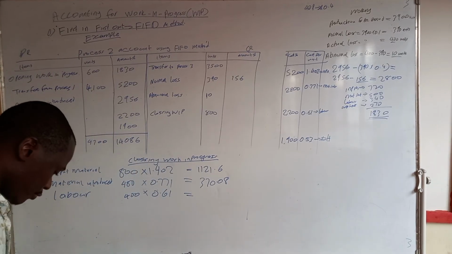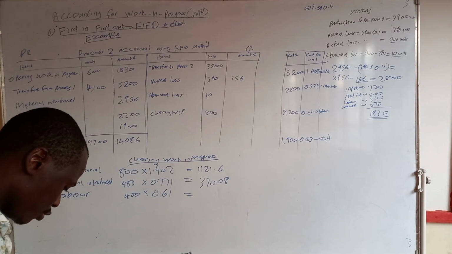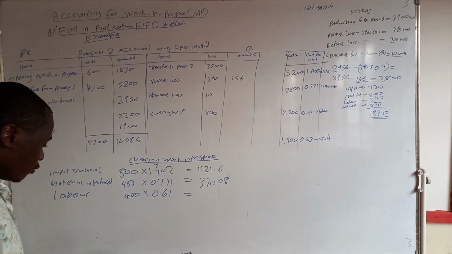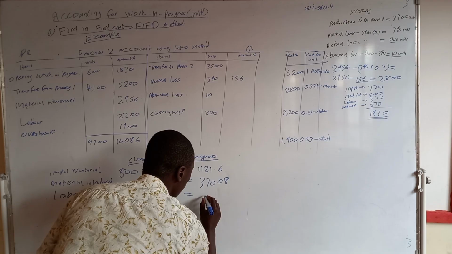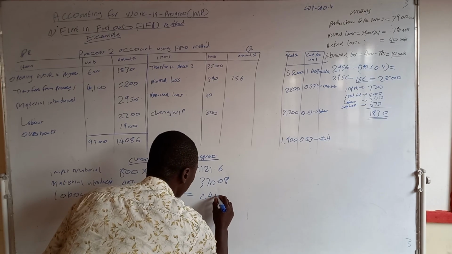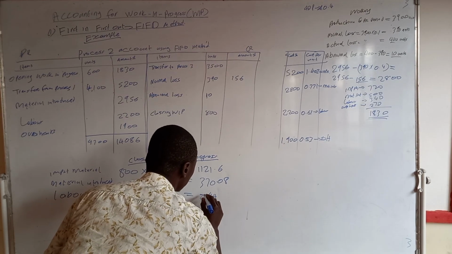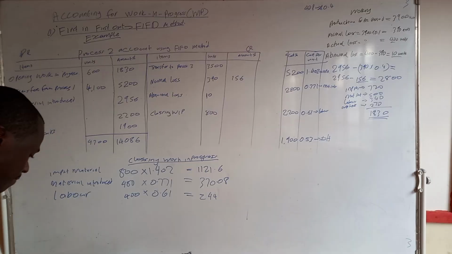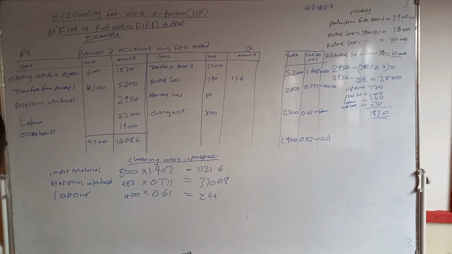That is 400 times 0.61, which gives us 244.